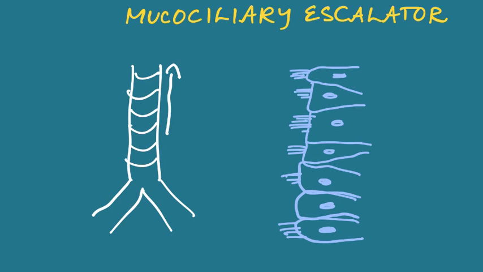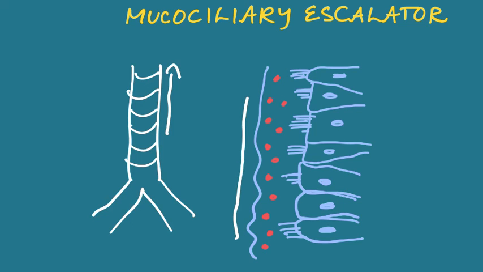This mucus that's running here carries along with it all the junk that we breathe in, and we want to take it out of the body. So we don't want this to reach the lungs. The red spots that you see here are the debris that we want to remove, and the space here is the mucus.